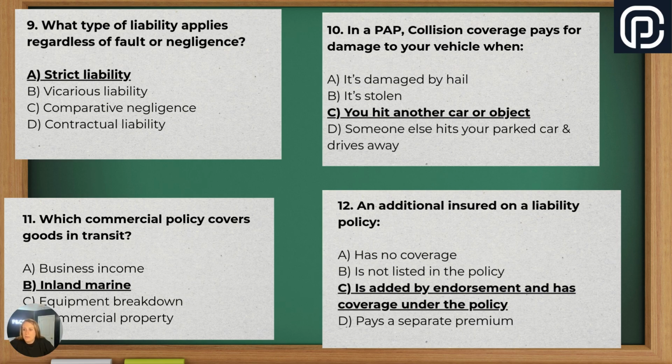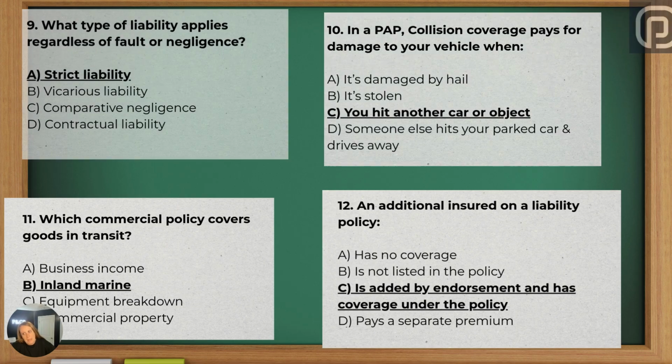And when in doubt, if you're really not sure, just make your most educated guess. I just wanted to give clarity, because that tripped me up too. I'm like, yeah, but if you're paying an endorsement, you would be paying a separate premium. But yes, it's not the additional insured who would be paying that.